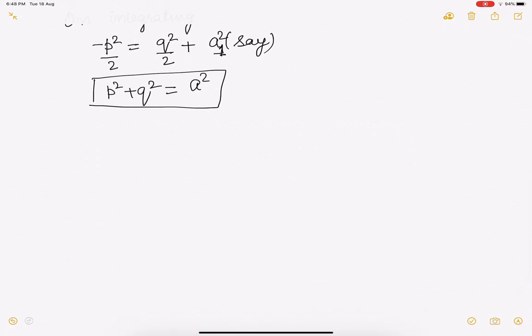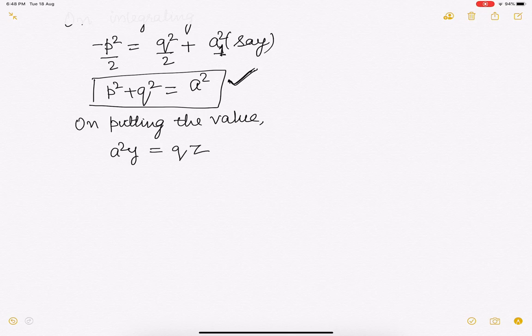On putting this value in the given equation, we get a square y is equal to qz. So we have this relation, q is equal to a square y upon z. We got the value of q here.